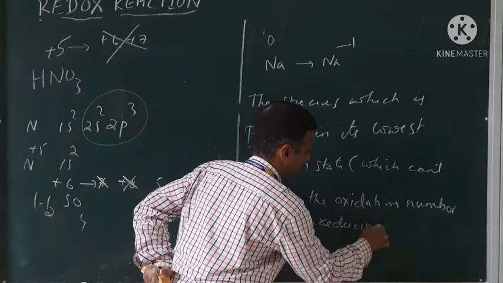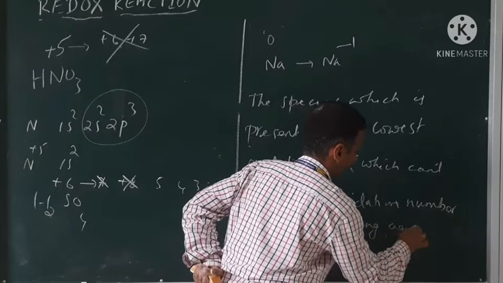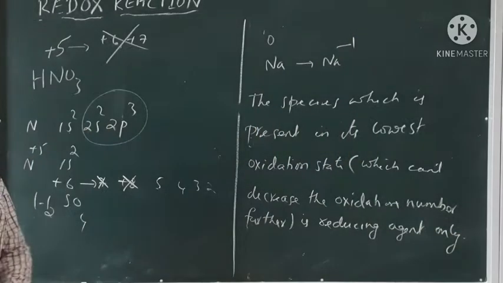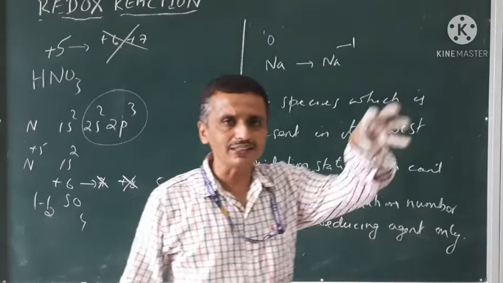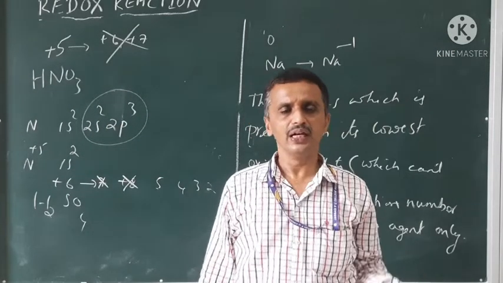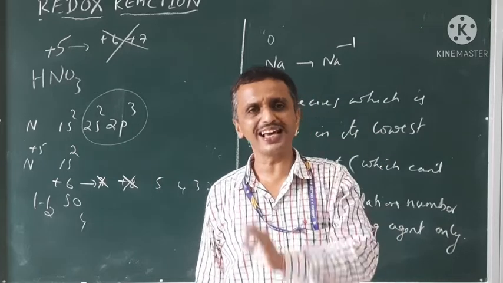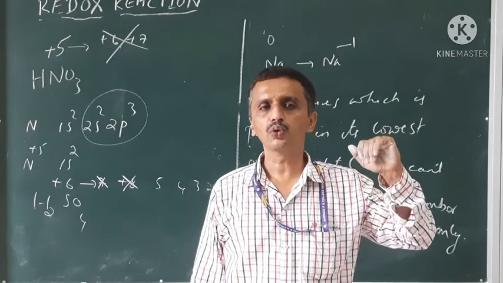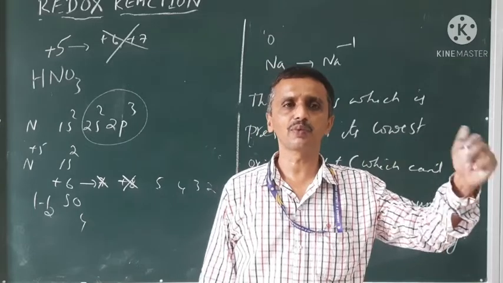Note this, reducing agent only. In the competitive exam, they may ask, among these, which is acting as a reducing agent only, which is acting as an oxidizing agent only, which will give both oxidizing and reducing agent property.